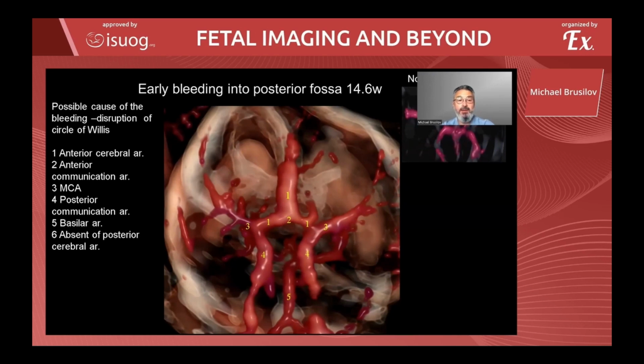We can see here the anterior cerebral artery, anterior communicating artery, middle cerebral artery, posterior communicating artery, and absent, destroyed posterior cerebral artery. So it was a vascular accident in the posterior part of the circle of Willis, and as a result, massive bleeding in the posterior fossa.